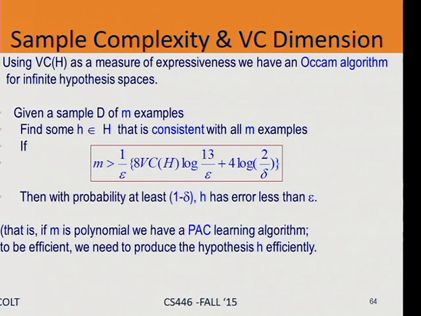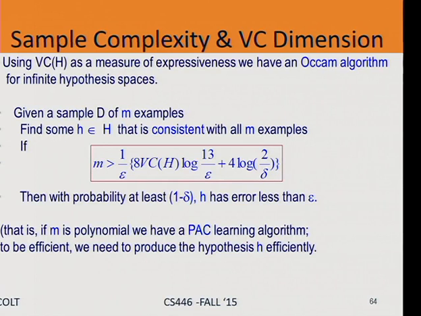So specifically, let's say I give you M examples. And I tell you, you know what? My hypothesis class can shatter these M examples. So the VC dimension is at least M. M examples, my hypothesis class can shatter it.